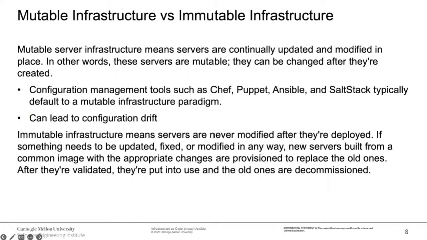So we put a server in place and we continually update it over time. Things might get changed that we aren't managing or that we're not aware about over time, which can lead to issues like security vulnerabilities or just issues with managing those servers when we go to tweak something and it doesn't work the way that we expect.